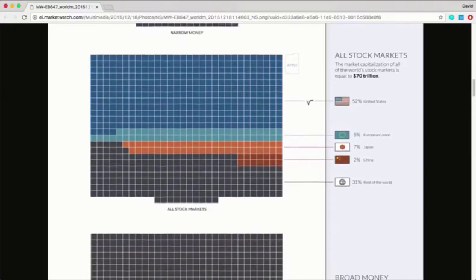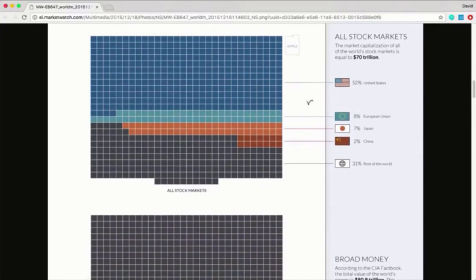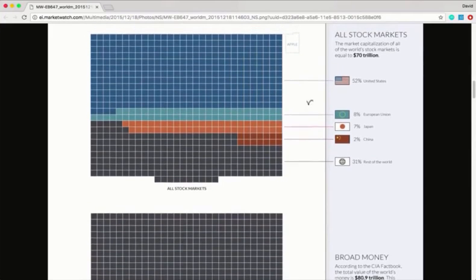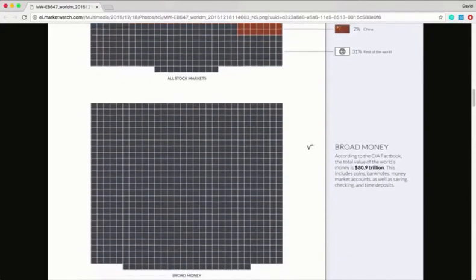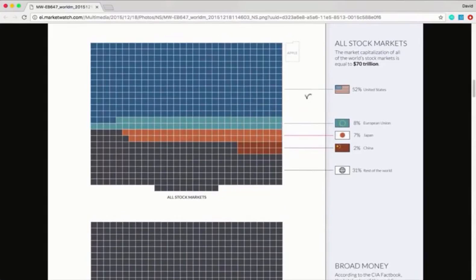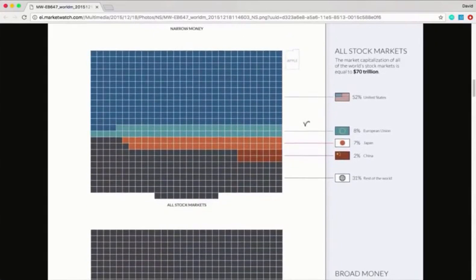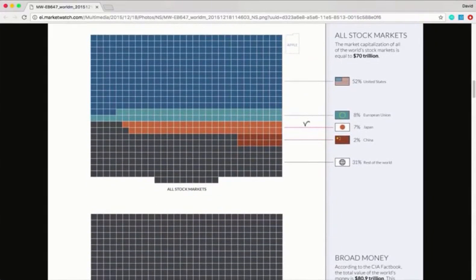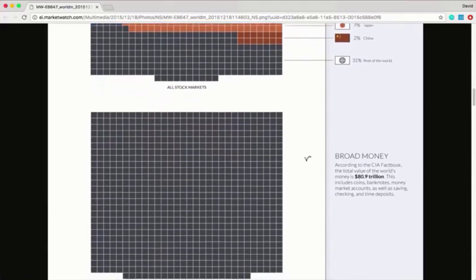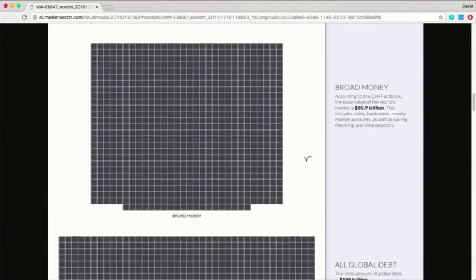And now you can see the sum total of the squares are getting bigger. This is the value of all the stock markets in the world, roughly $70 trillion. Okay. So as you can see already, if you are to sell all the shares in the world, there's not enough cash to actually convert those shares into cash. You see, we're already crossing into some very interesting territory.